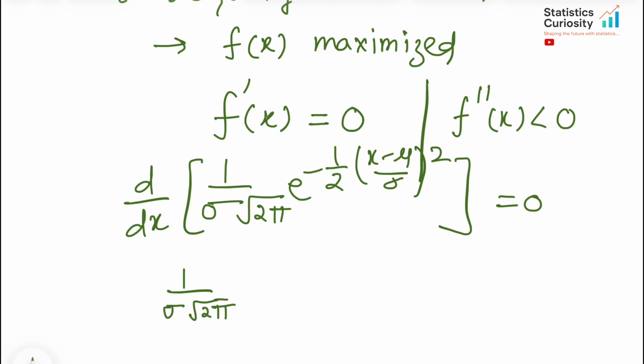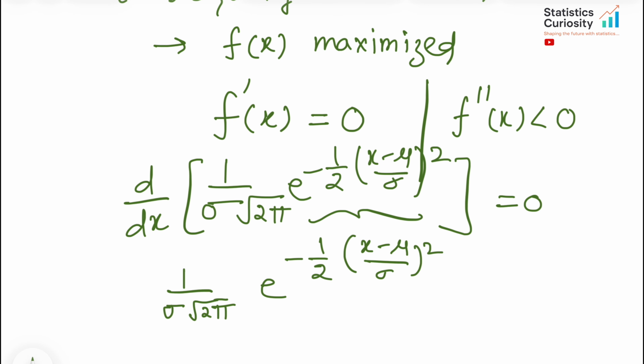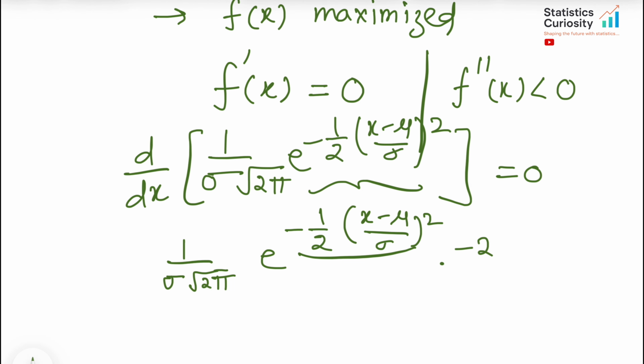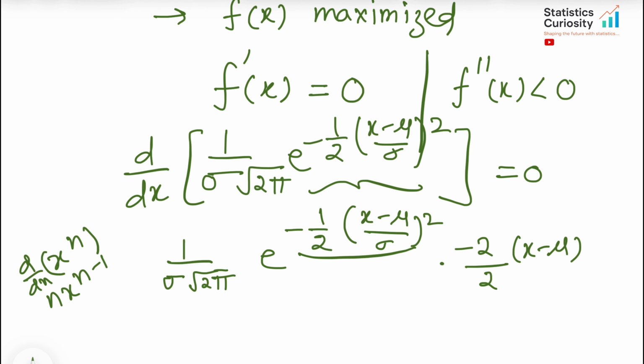For e raised to the power of any function, the differentiation remains the same, e raised to the power minus 1 by 2 x minus mu upon sigma whole square. Then we have to differentiate the function in the exponent, x minus mu upon sigma. This will give you minus 2 upon 2 x minus mu. You know that x raised to the power n gives n x raised to the power n minus 1, the differentiation of this you should know. So this will be minus divided by sigma square. This 2 will cancel with this, and this is equal to 0.